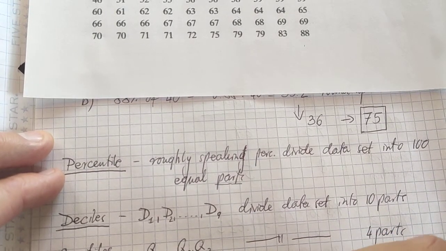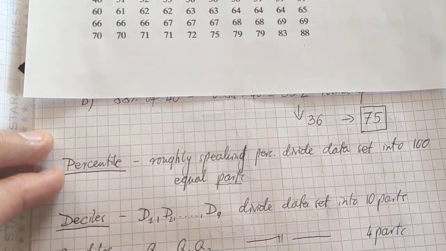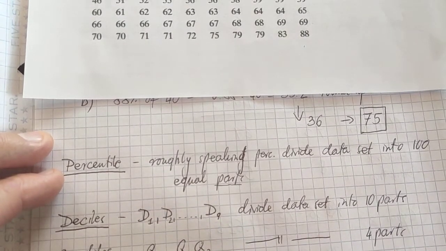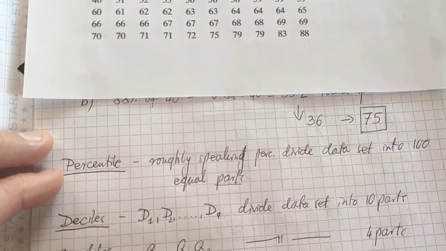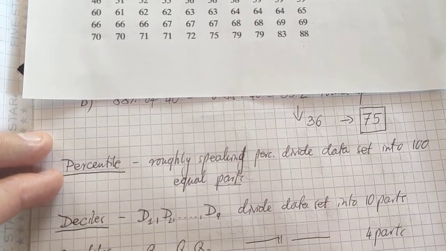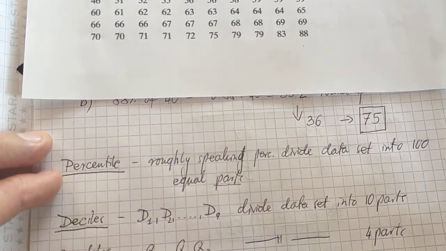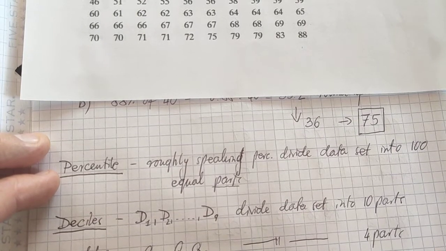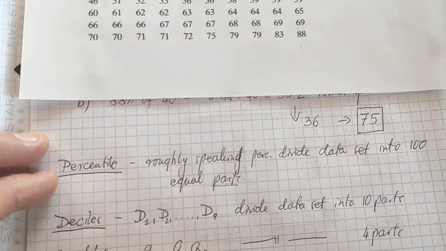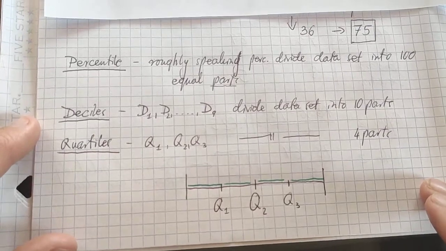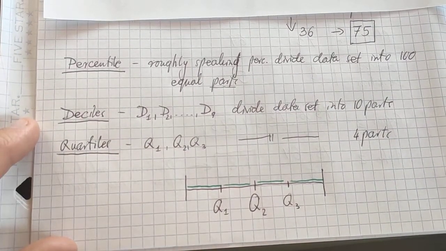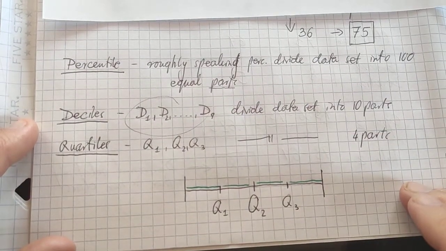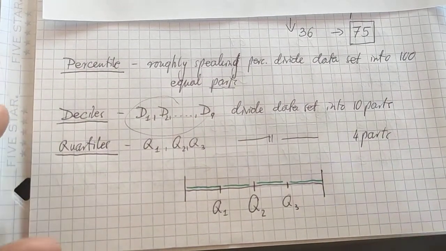This will be my Q2, the middle one. Then I'll have Q1 here, and here I'll have Q3. So you see that I have 4 different parts, 1, 2, 3, 4. I should have used different colors, but anyway, sorry. So 4 different parts, but only 3 quartiles. And 10 different parts here, but only 9 deciles.